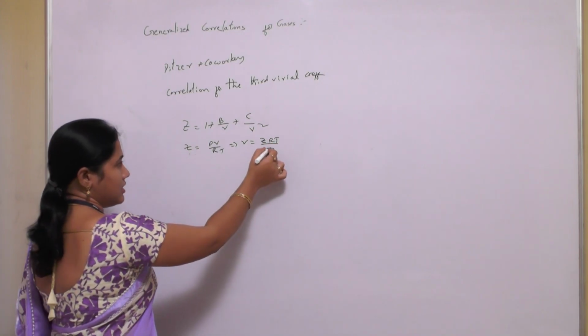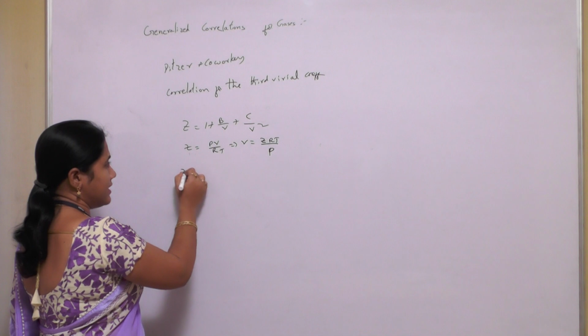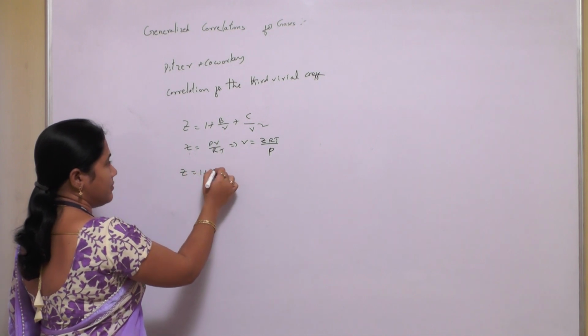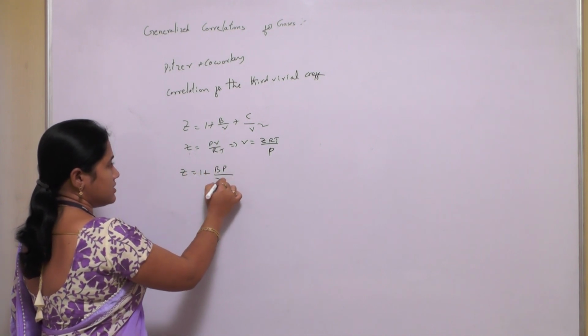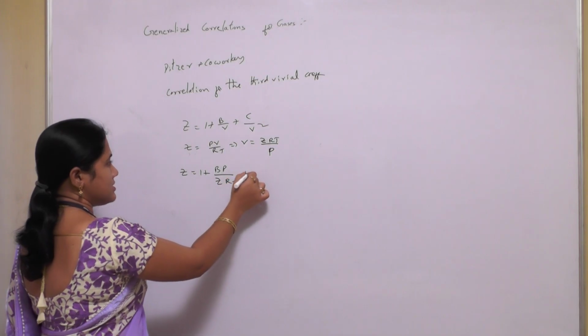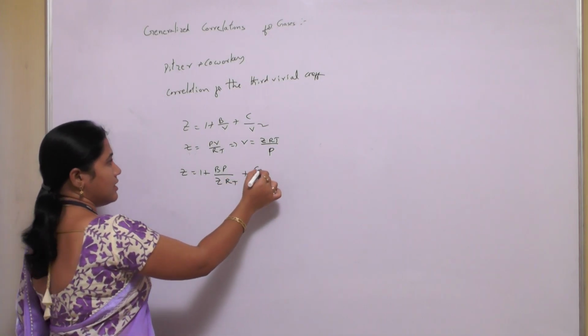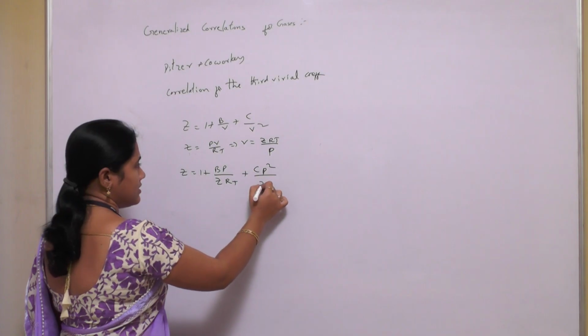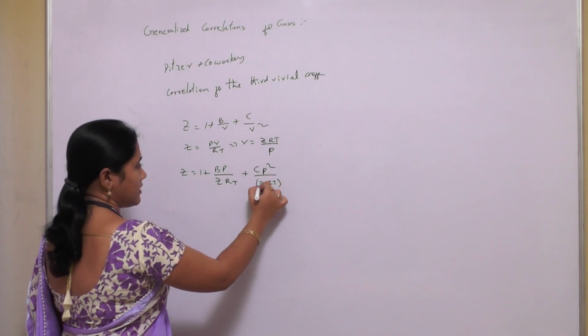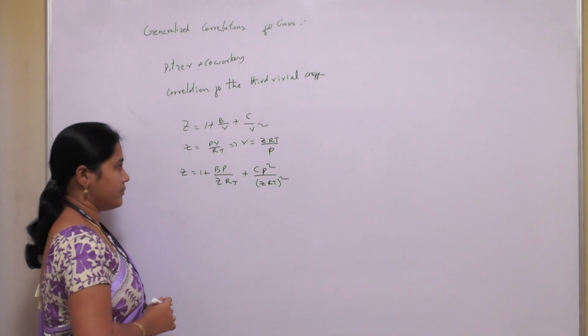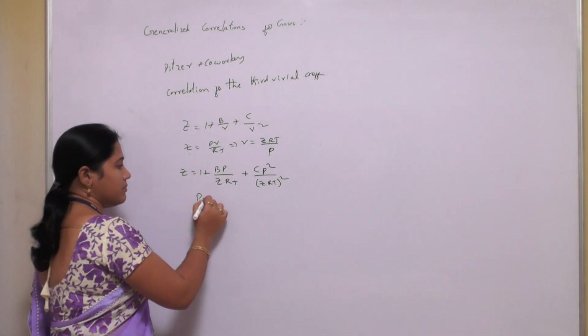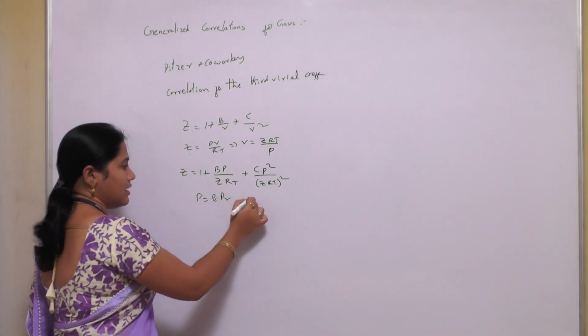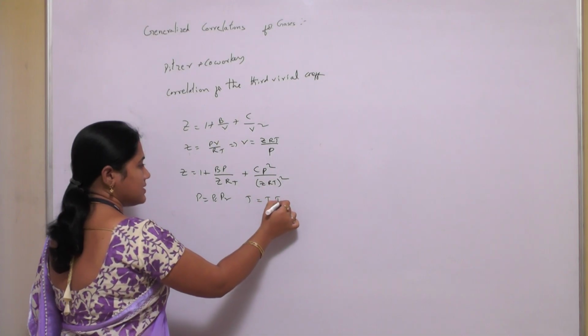If we substitute this volume in the equation, Z equals 1 plus BP by ZRT plus CP square by ZRT square. Now P equals PC PR and T equals TC TR.